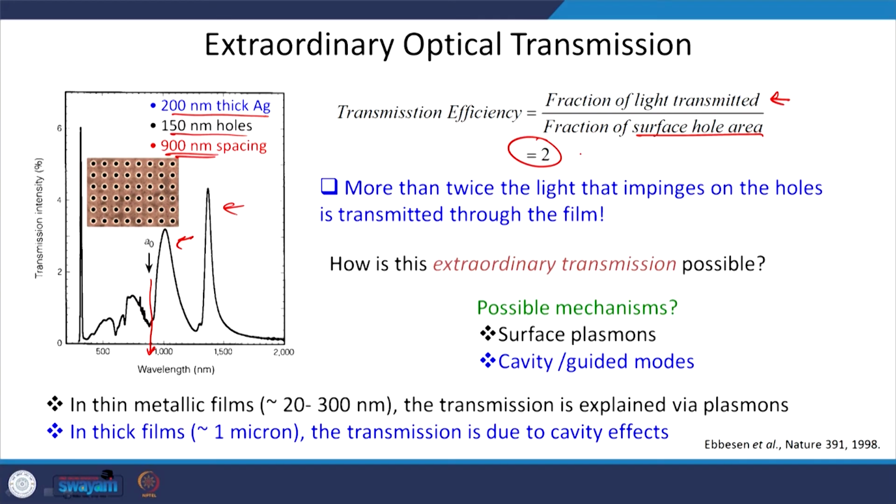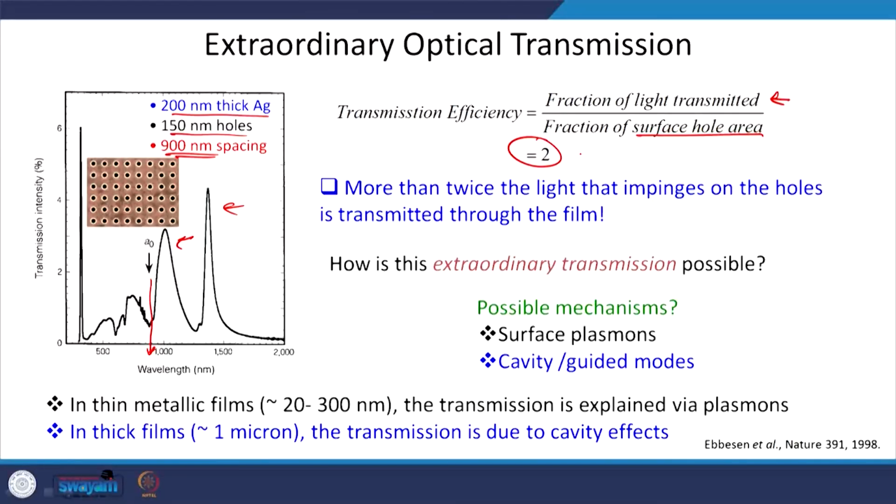What does it mean? It means that the amount of light which is falling on the holes and the amount of light which is coming out of the structure are different. The amount of light coming out of the whole structure is more than the light falling on the open portion, and that is why he called it extraordinary transmission.